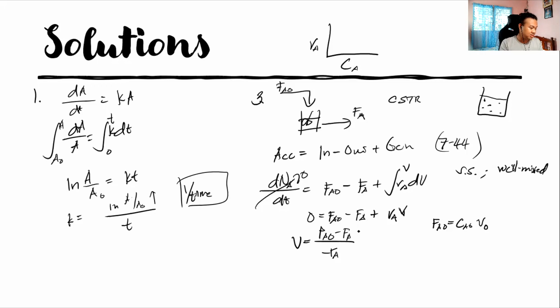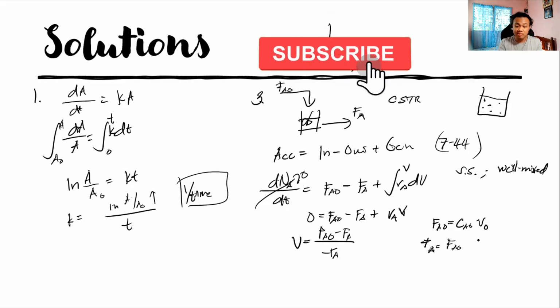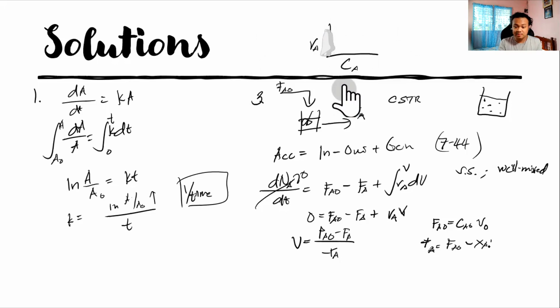We can also express the molar flow rate in terms of conversion, so it is FA0 times (1 minus X).